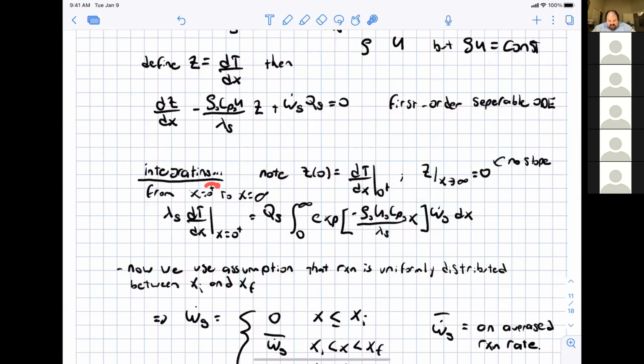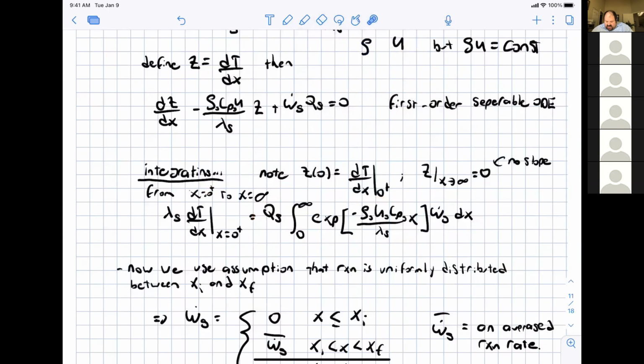So we are only working on the gas phase side, and so we are integrating from 0 plus to plus infinity. Okay, so anyways, we integrate the ODE, and we get this expression right here.